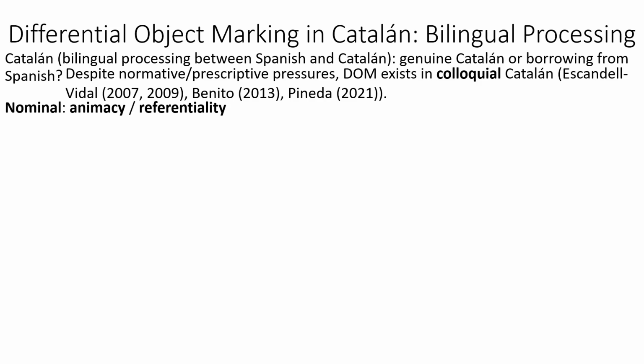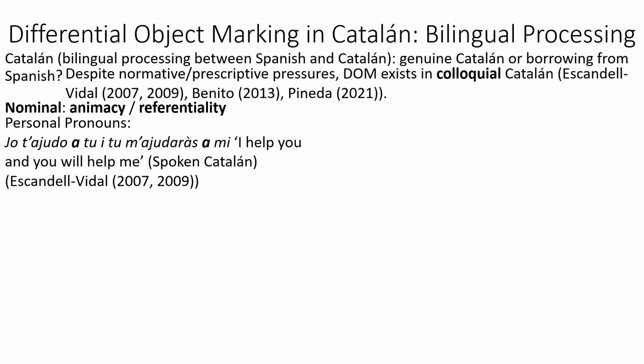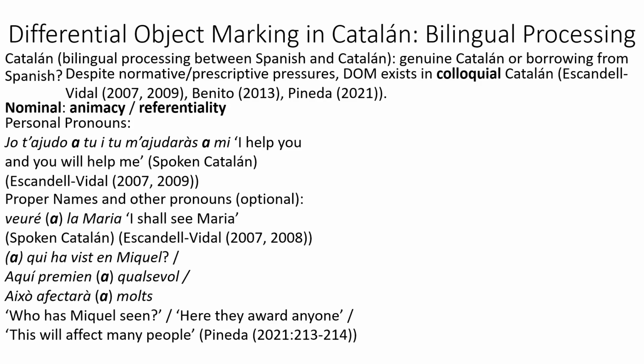Right, so the same nominal parameters apply. However, DOM a is only obligatory with personal pronouns. So for example, ajuda a tu, m'ajudarás a mí. So with personal pronouns, a is obligatory. With other types of nouns like proper names and other pronouns, a is optional.